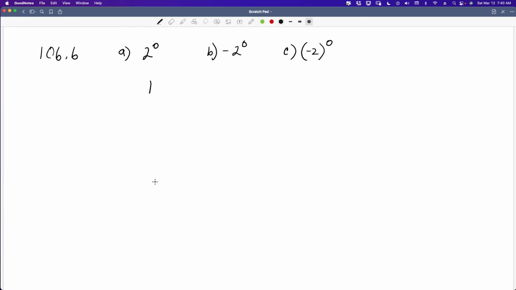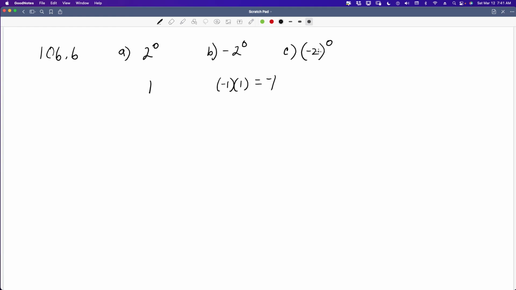So A is 1. That's all that is. In B, the 0 is attached to the 2, not the negative sign. So we know this is the same thing as negative 1 times 1. So this equals negative 1, because this negative sign is not included with the exponent.